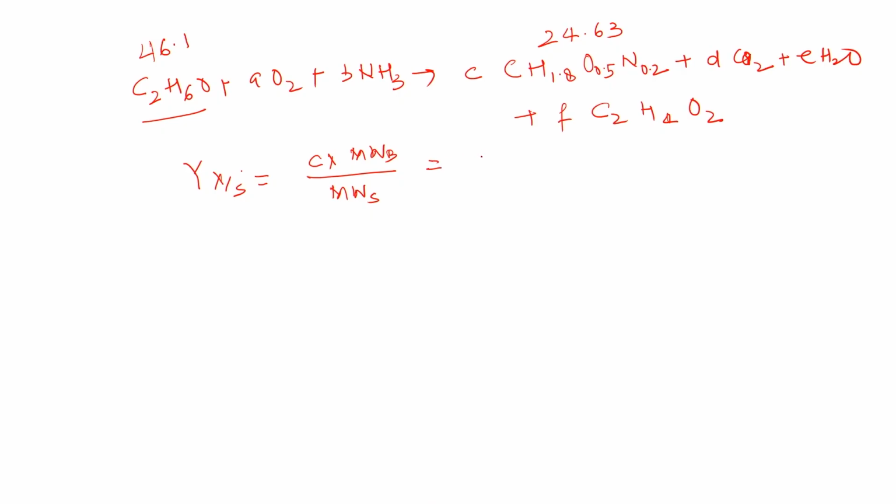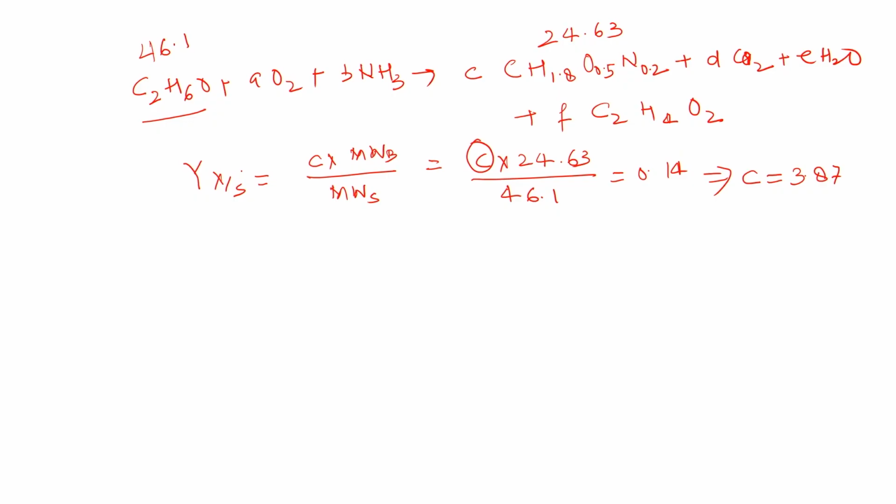Then this will be C into 24.63 divided by 46.1, and the value given is 0.14. So, straightforwardly we can get the value of C, which comes out to be 3.87. So, we got the stoichiometric coefficient C.